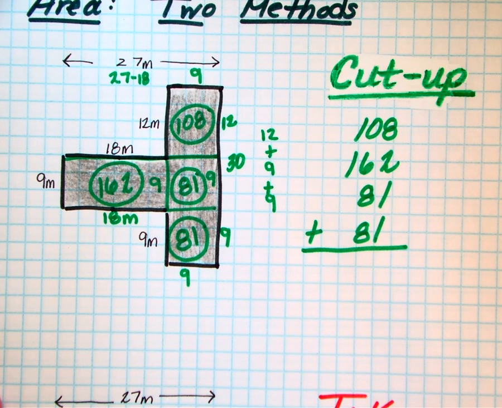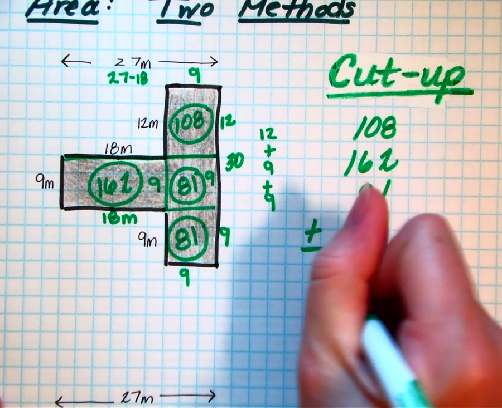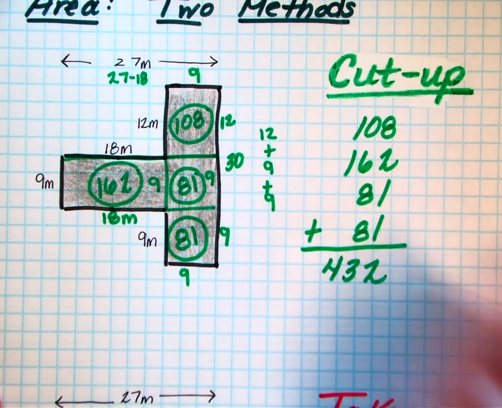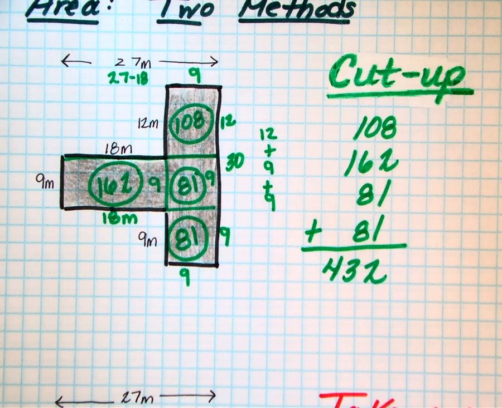Let's see what you get. If you got 432, you're good. So, you find all the missing side lengths, you chop it up into smaller rectangles. We all had options. We could have cut this up into different ways. This is what felt natural to me right now, so that's the route I went.